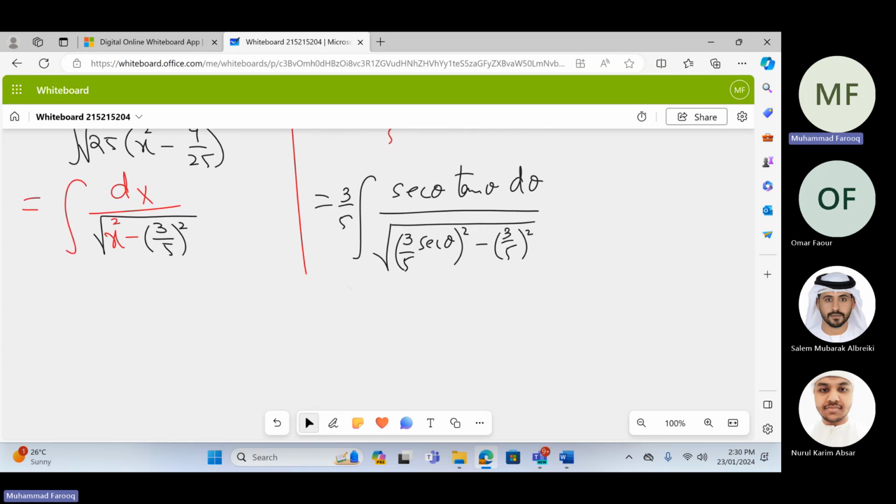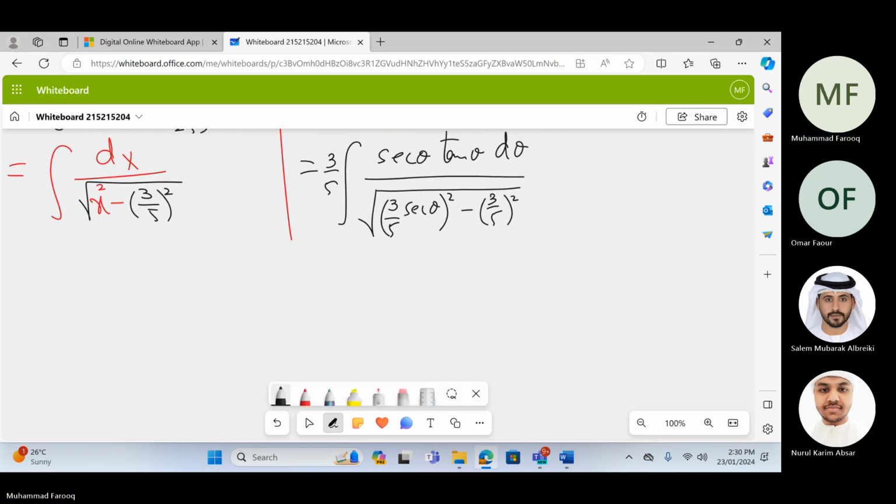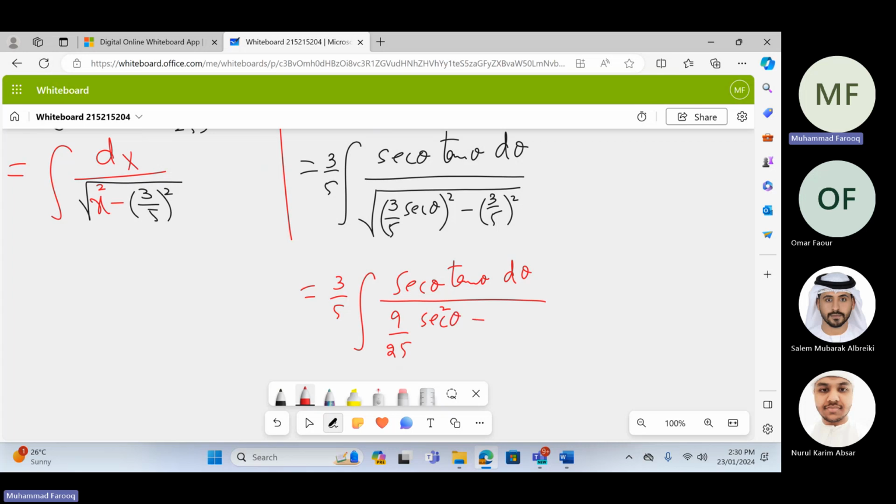It becomes 3 over 5 integral of secant theta tan theta d theta, divided by the square root of 9 over 25 secant squared theta minus 9 over 25.